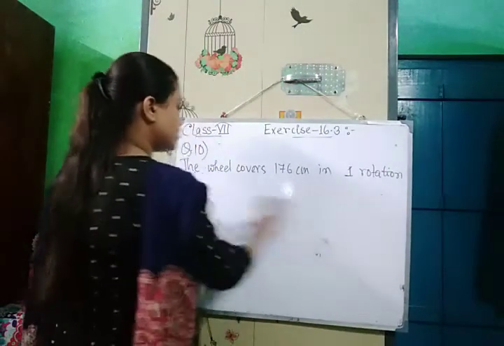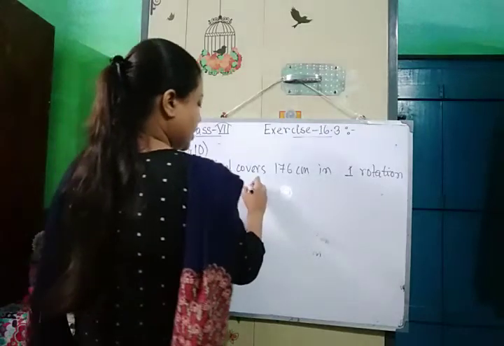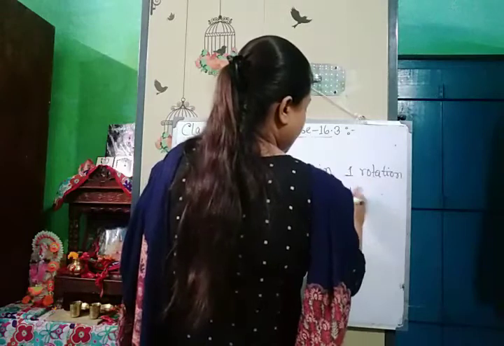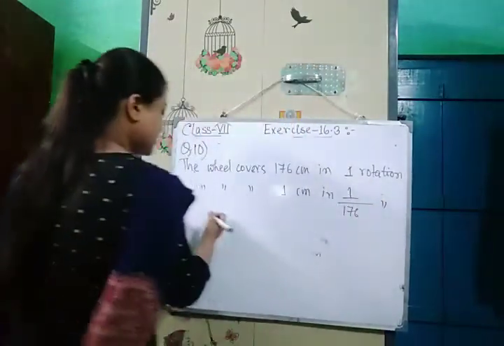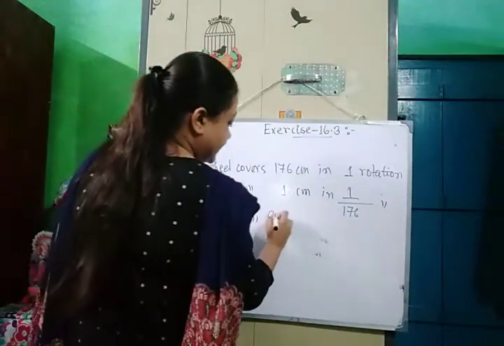So therefore, the wheel covers 1 centimeter, this is the unitary method, in 1 by 176 rotation. Therefore the wheel covers 88 kilometers.